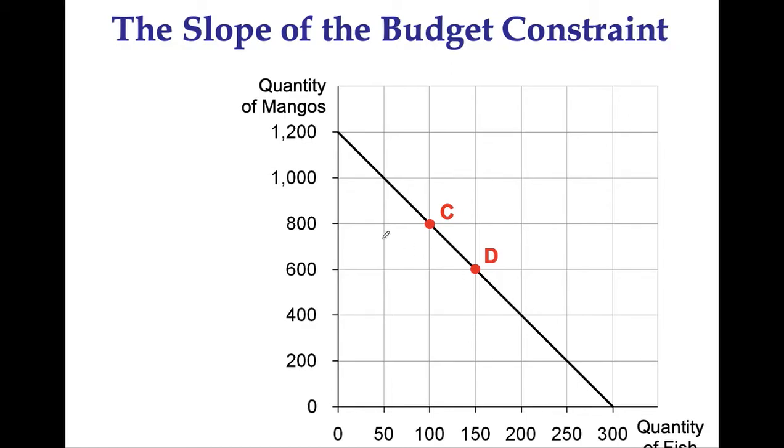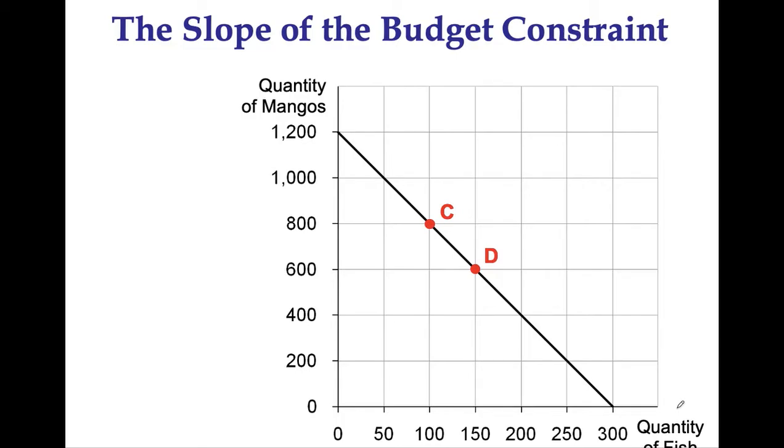Let's now work on another example. We have mangoes and fish. Okay, and we have here a budget constraint. On the y-axis we have quantities of mangoes, and on the x-axis we have quantities of fish.